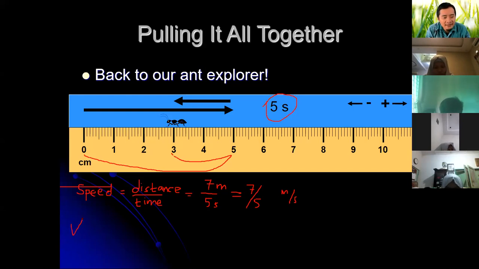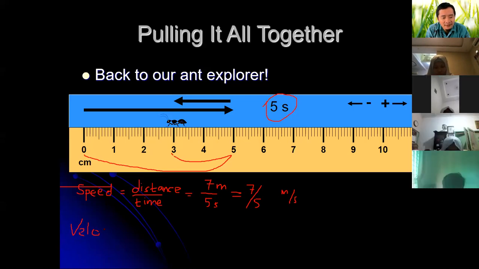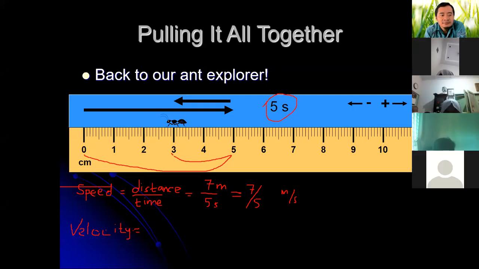Okay. Now the next, what is the velocity? Anyone want to answer this question? Plus 3 divided by 5 seconds. Very good.